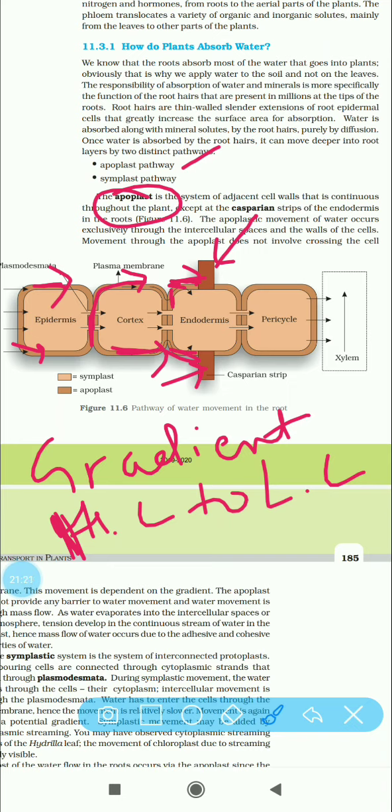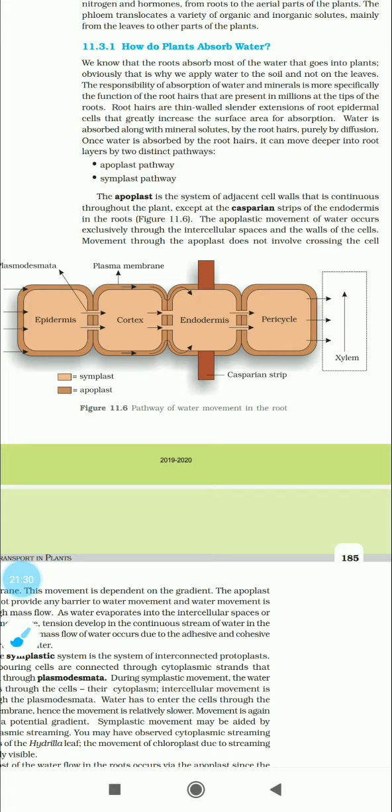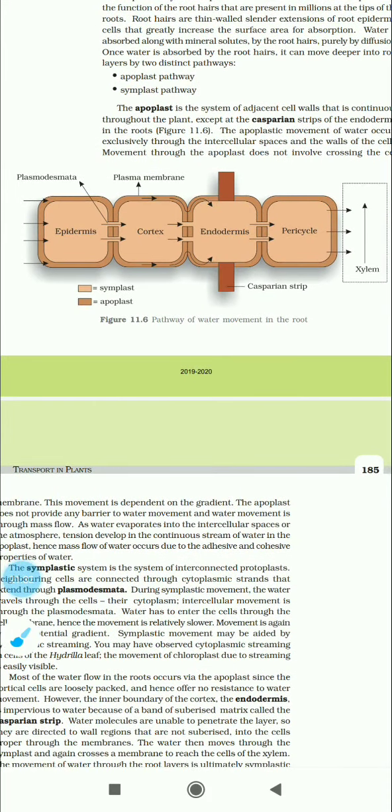Now I'm removing it just so that I can write something further. Wait for a moment. So there is no barrier for the water movement in the mass flow till it reaches the Casparian strips. Now these Casparian strips are encountered at the endodermis.